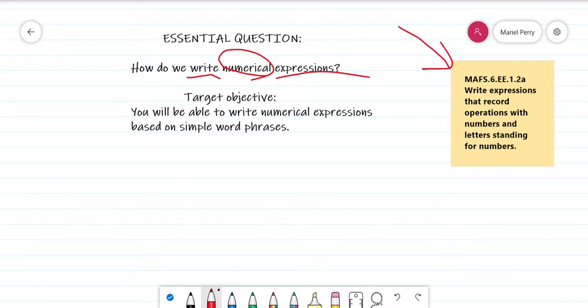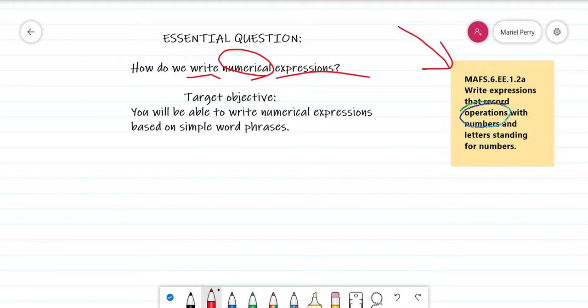Let's look at our particular standard. It says write expressions that record, what's that little word right there? That record operations. What are our 4 special operations that we learned way back in our elementary years, that we deal with on a regular basis and have a lot of experience in?